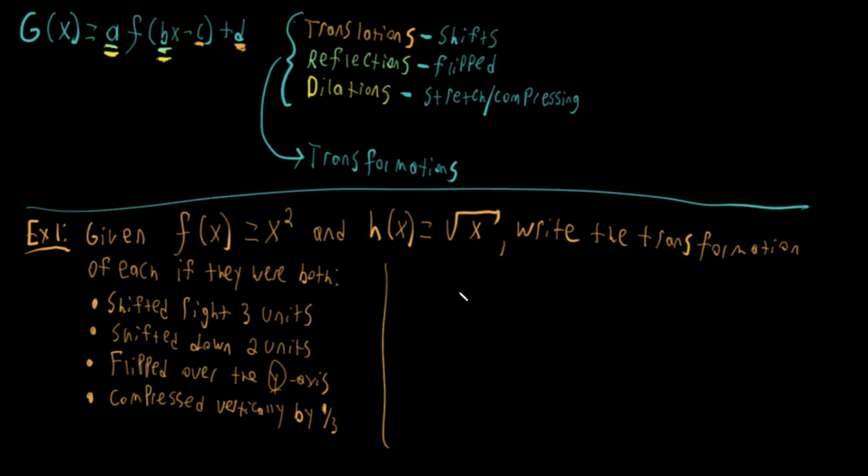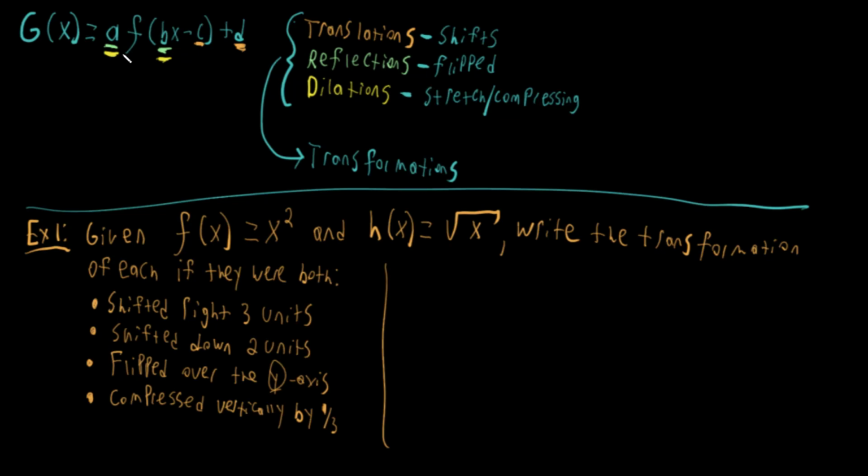So f of x, if we have x squared here, its general form is going to look like a times f of bx minus c, and we're going to add d to it. So we're going to need to multiply out front by something, and the thing that we multiply out front by has to do with reflections and dilations for a, as we can see in our little key here.